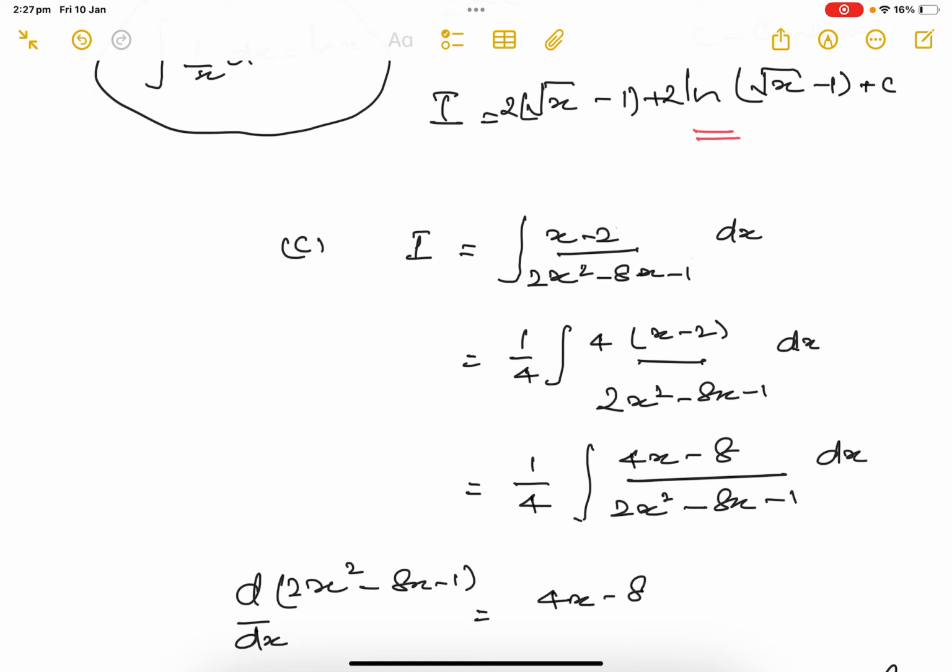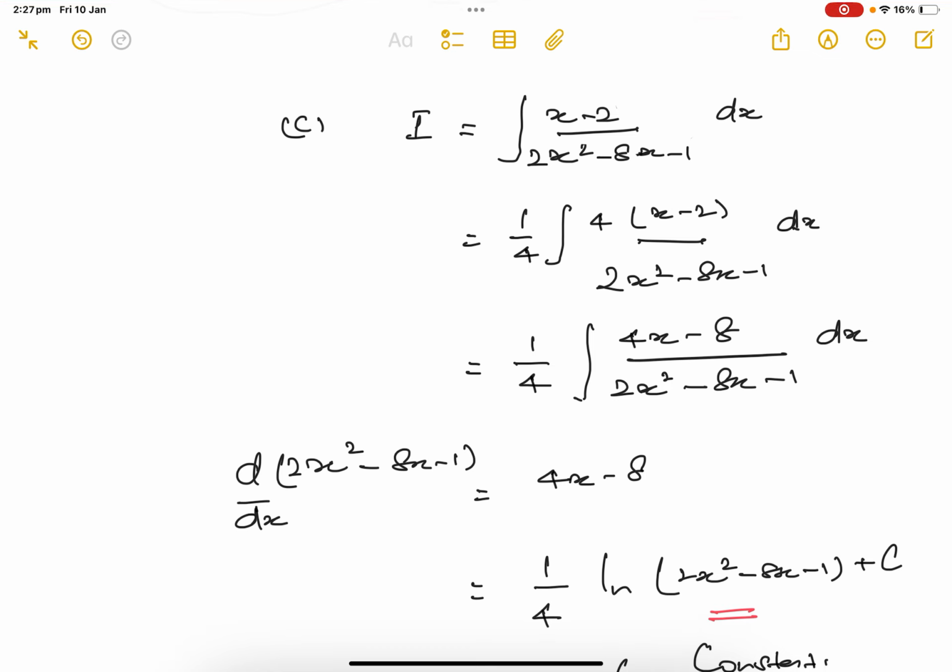If we multiply by 4, then of course we have to divide by 4. So in total, that's 1 over 4 times the integral of 4 times x minus 2 divided by 2x squared minus 8x minus 1 dx.